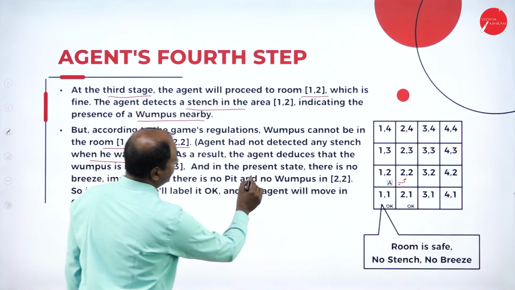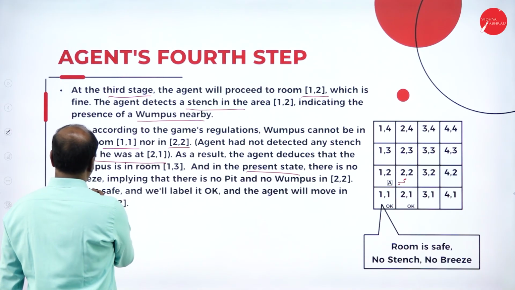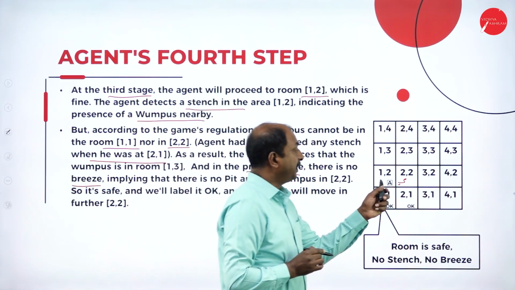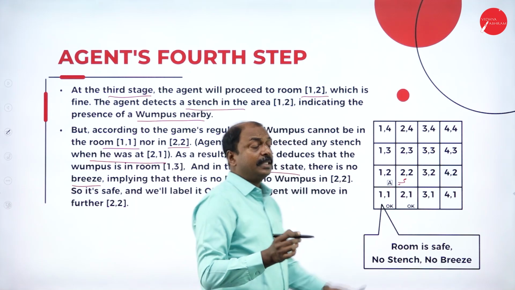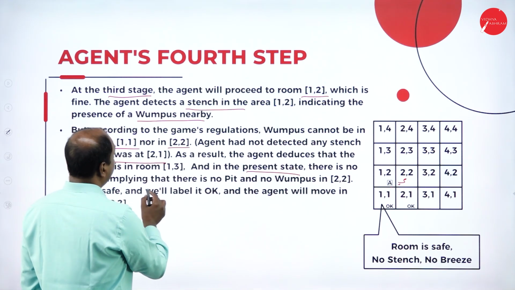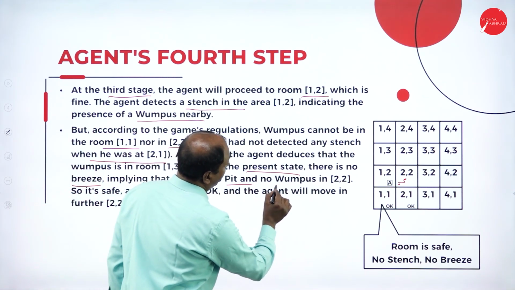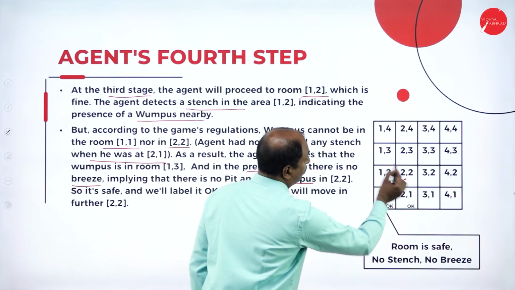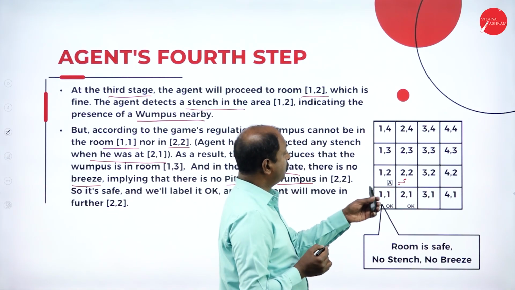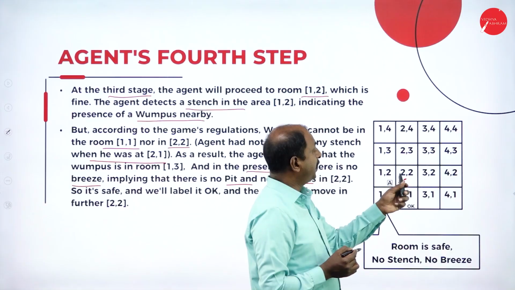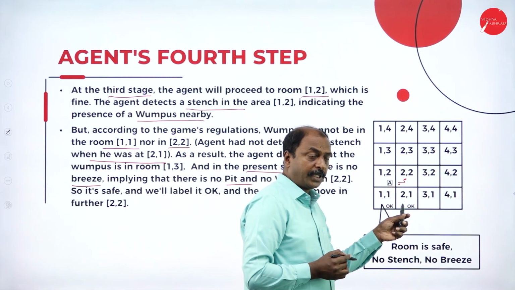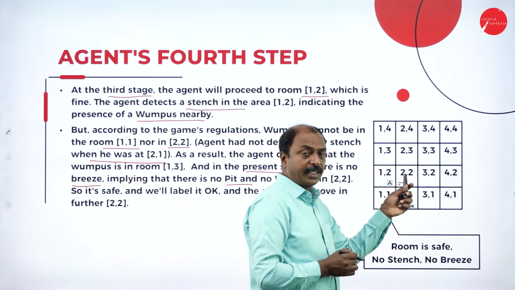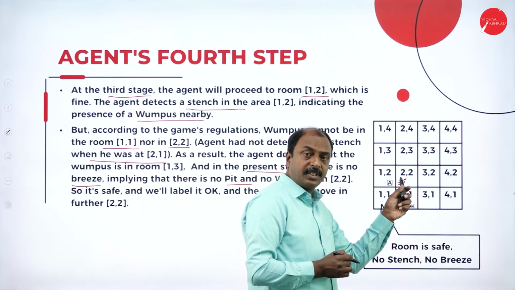Now, in the present state, there is no breeze. At this stage, 1, 2, there is no breeze, implying that there is no pit and no wumpus in 2, 2. There is a stench here, but when he was at the other position, he could not sense any stench, so there is no question of a wumpus at that location.